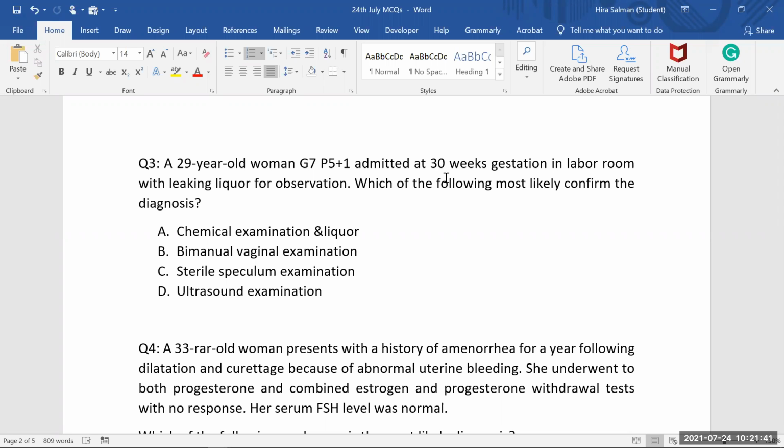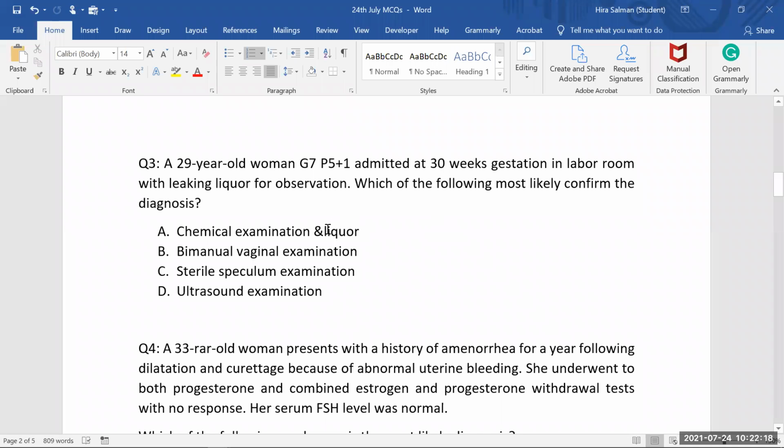But here the question is asking, which of the following most likely confirms the diagnosis? How are you going to confirm whether it's a clear case of premature rupture of membrane or not? We have only one option. Just receiving this patient in the labor room, we have to go for speculum examination. Once you do the speculum examination and you find the leaking, you have seen by yourself that leaking is there, it means that this is a confirmed case, and then you can go for nitrazine blue testing and the ferning pattern under the microscope.